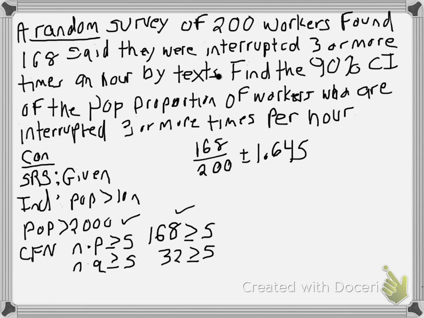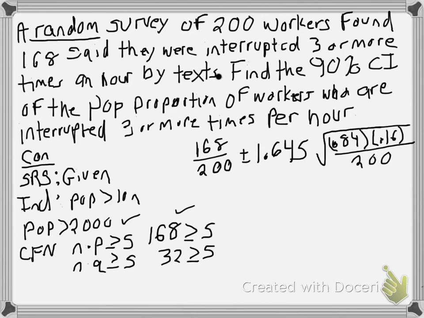And we take that and multiply it by the square root of p hat q hat over n. p hat, 168 over 200 as a decimal, is 0.84, which makes q hat 0.16. And we divide that by 200.